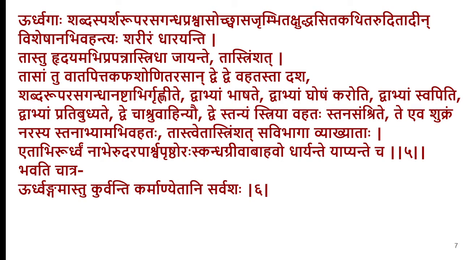These are received by the urdhvaga dhamanis. At the same time, they also have motor functions, regulating prashvasa, uchchasa, jirumbita, kshuddhasita, kachita. The majority of these functions are involuntary, though respiration is semi-voluntary. Prashvasa, uchchasa and jirumbita, yawning, are somewhat semi-voluntary, whereas some of the autonomic functions like kshutu, the feeling of hunger, are somewhat involuntary.